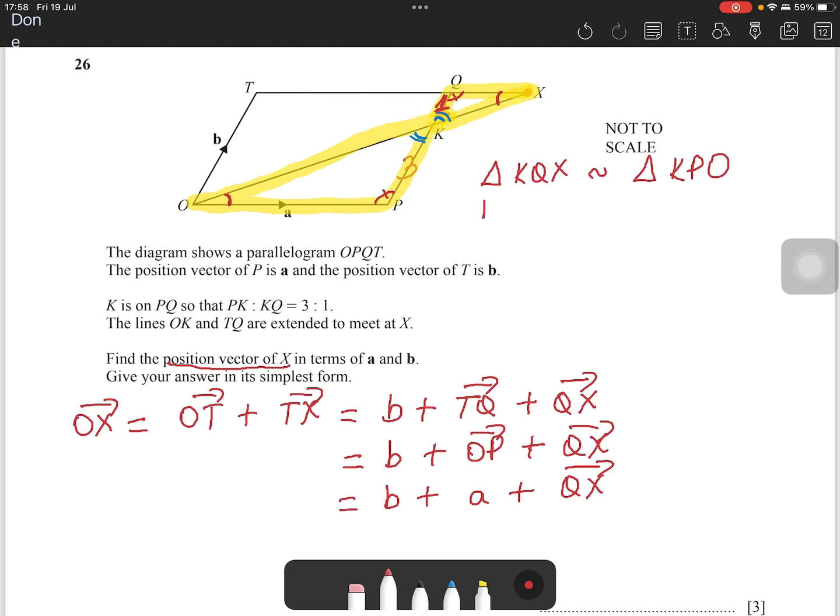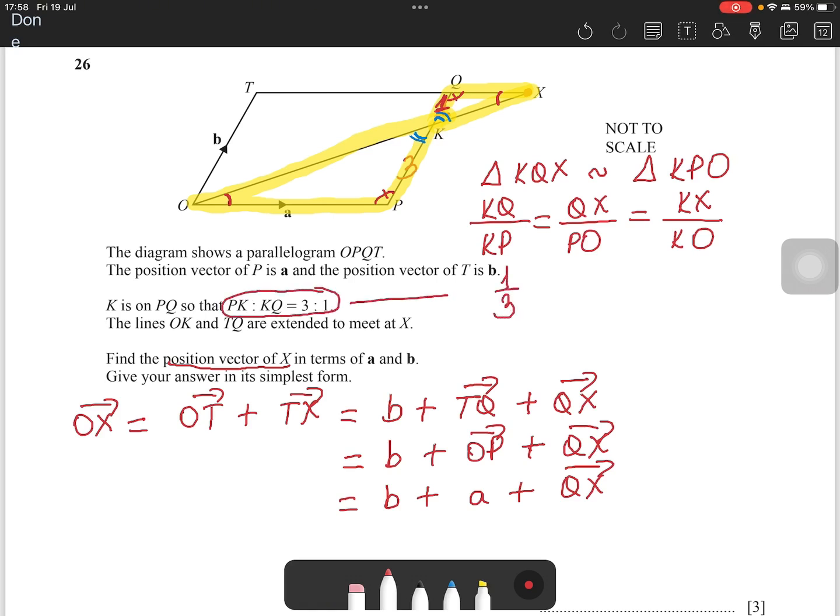So this means that the ratio KQ over KP is equal to QX over PO is equal to KX over KO. We should write down the three equivalent ratios and then check which one we can use. KQ over KP is 1/3 because it is given in the question. Equals QX over PO.